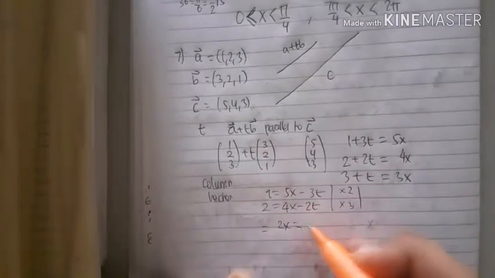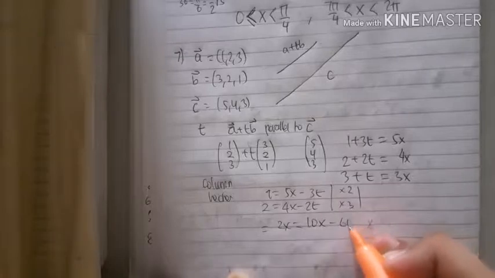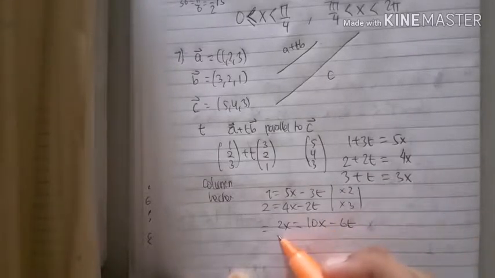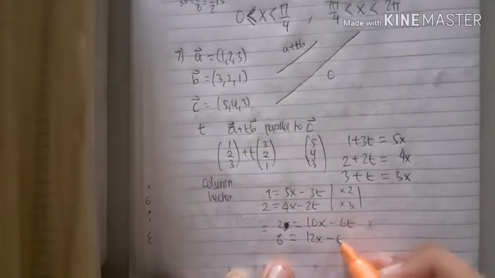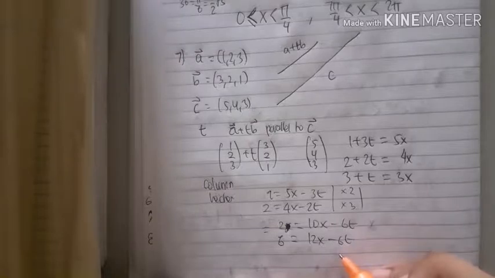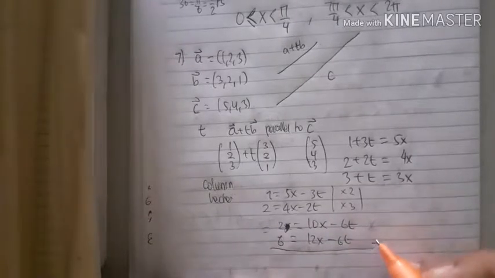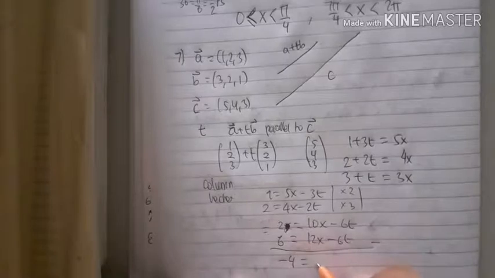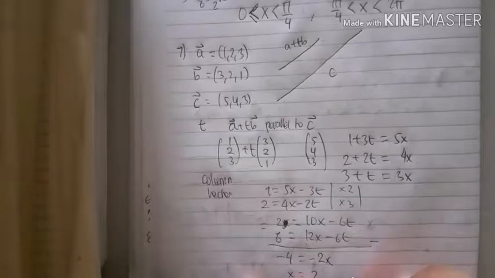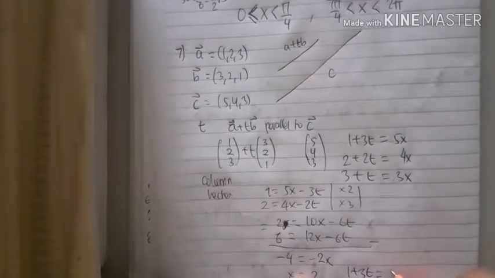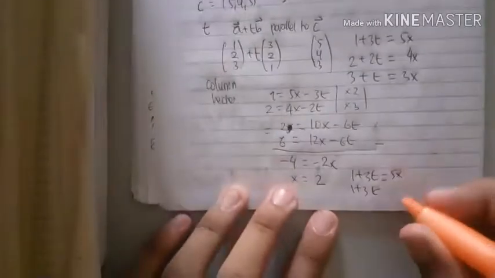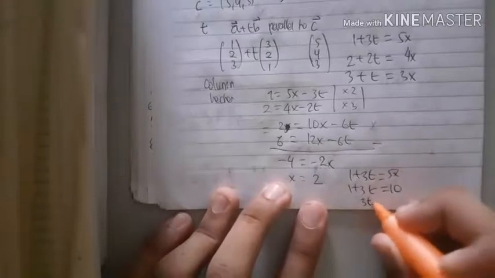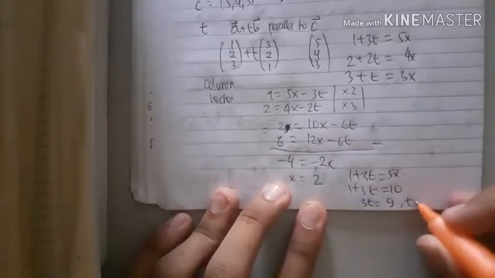This gives 2 equals 10x minus 6t, then 6 equals 12x minus 6t, and you can subtract these, and you get minus 4 equals minus 2x. So x is 2. Now when you get x is 2, you get the t. x is 2 from 5x, 1 plus 3t equals 10. So 3t equals 9. So t is 3.